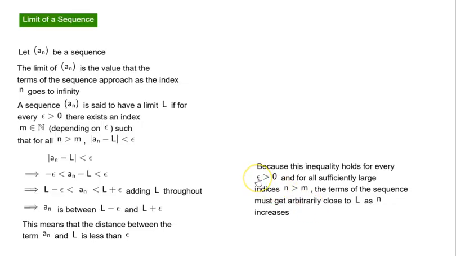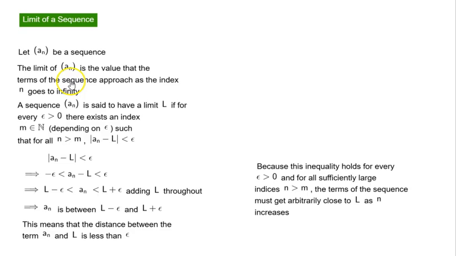We choose a particular epsilon and we start writing the terms. As we start writing the terms, n will get incremented. So as we keep increasing n, we will reach a particular index m, beyond which we will have the terms closer and closer to L.